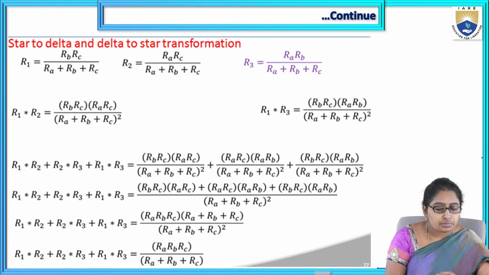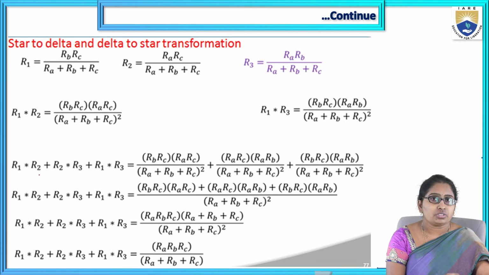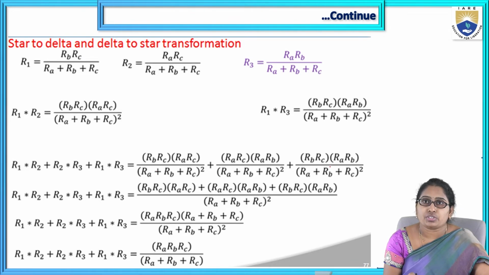So add the three multiplications, R1 R2, R2 R3 and R1 R3. Then see what the right side expression is.